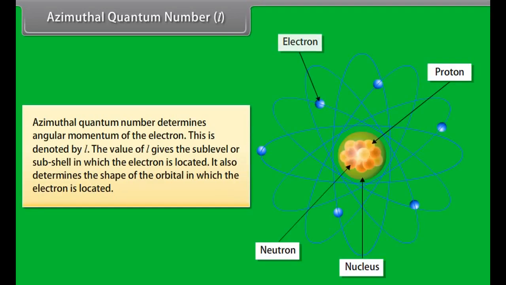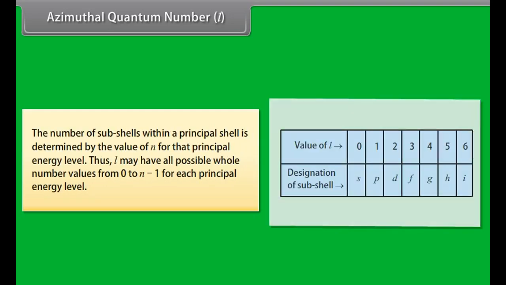Azimuthal quantum number, l. The azimuthal quantum number determines the angular momentum of the electron. This is denoted by l. The value of l gives the sublevel or subshell in which the electron is located. It also determines the shape of the orbital in which the electron is located. The number of subshells within a principal shell is determined by the value of n for that principal energy level.